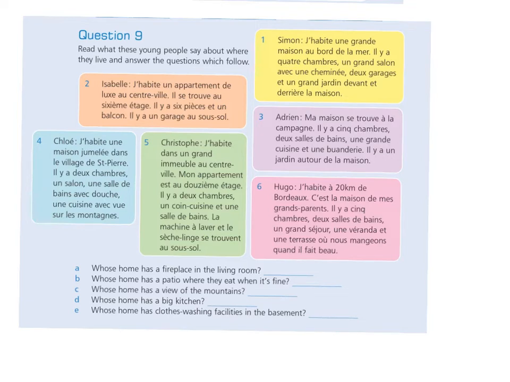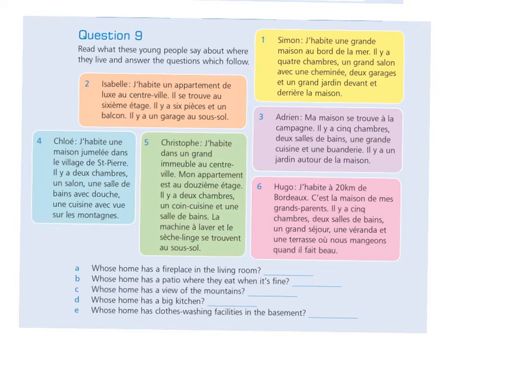Il y a 4 chambres, un grand salon avec une cheminée, 2 garages et un grand jardin devant et derrière la maison. There are 4 bedrooms, a large sitting room and a fireplace, 2 garages and a big garden in the front and at the back of the house.